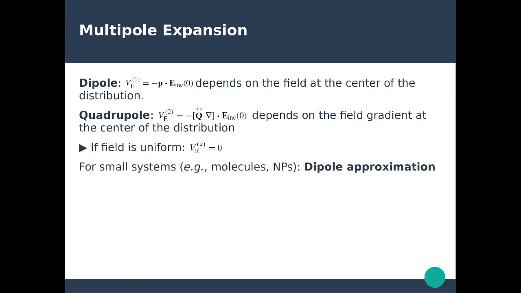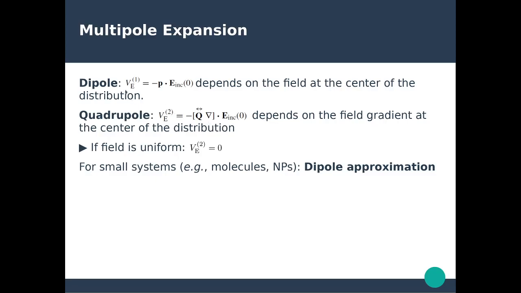So if the field is uniform, because, for instance, you have a very small object, like a small molecule or a small nanoparticle or quantum dot, this gradient of the field will be close to zero. Therefore, this quadrupolar interaction term will be close to zero.